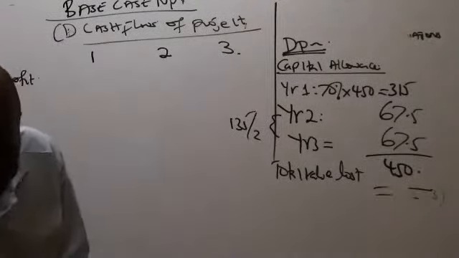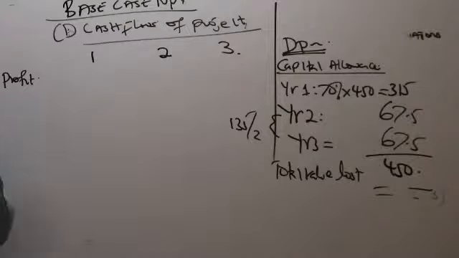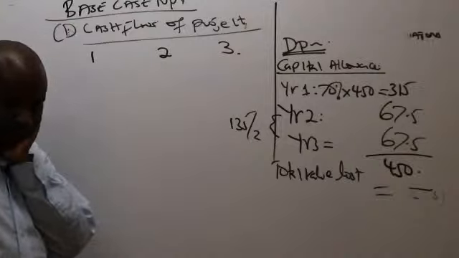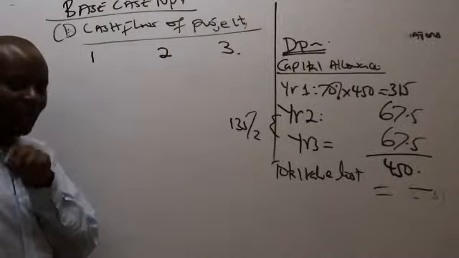Now, ladies and gentlemen, listen to me very well. Normally, when they talk of operating profit means it is profit before interest and what here, somebody? Tax. Operating profit is profit before interest and tax.